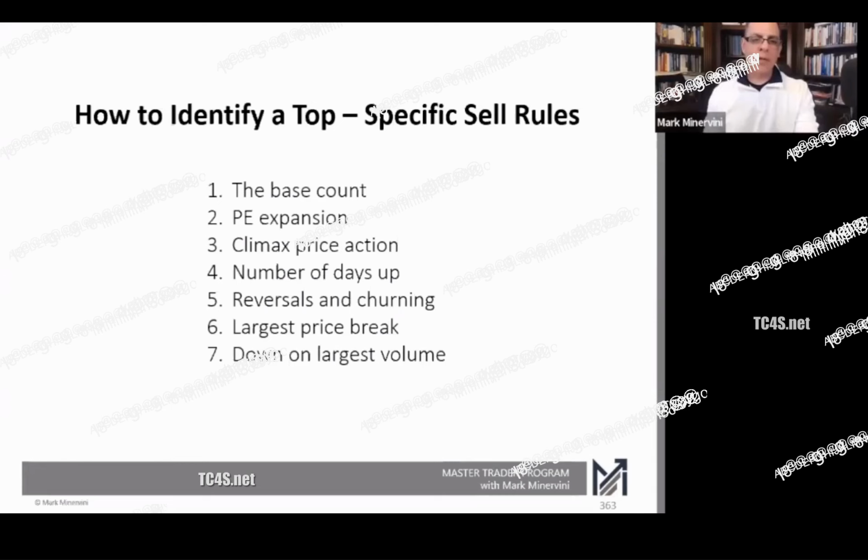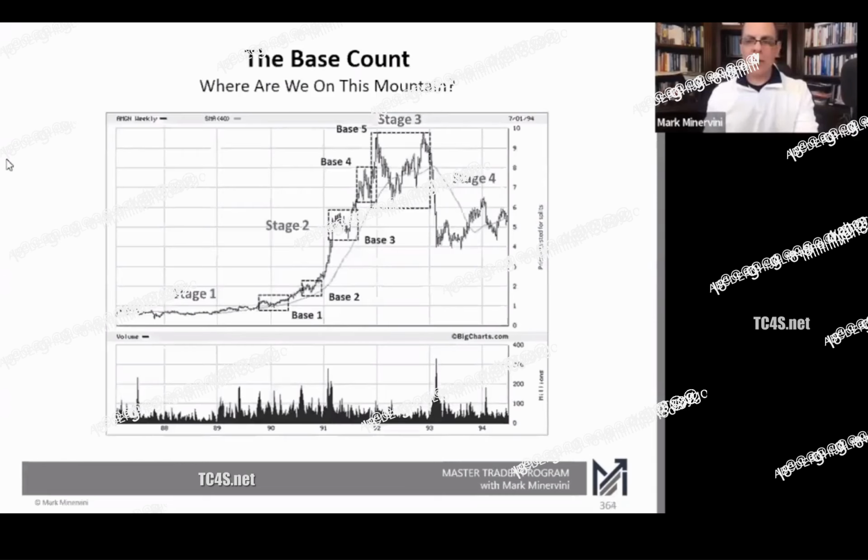But the first thing that is very basic, and that I always do every time I look at a potential buy setup, these VCPs, of course, we're making sure it's in a stage 2 uptrend. But within that stage 2 uptrend, since it started, I'd like to know what base we're at, how many VCPs have set up.